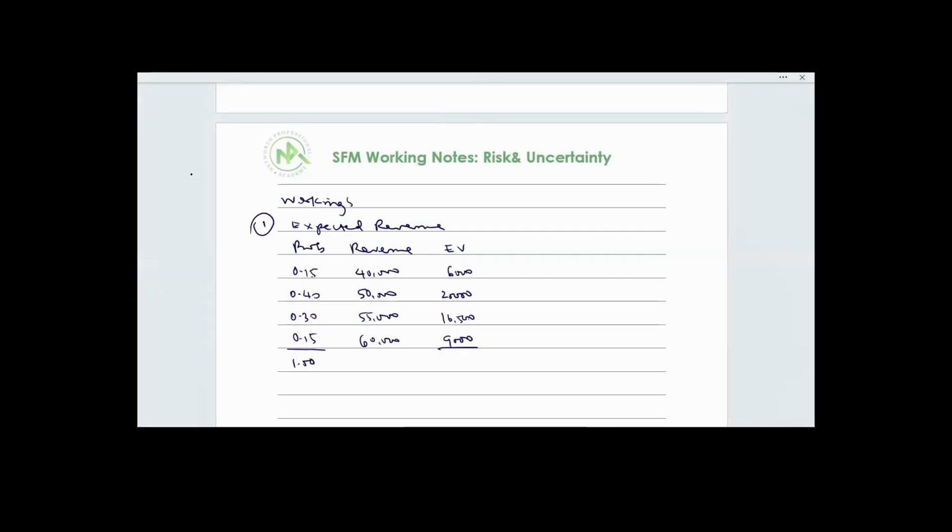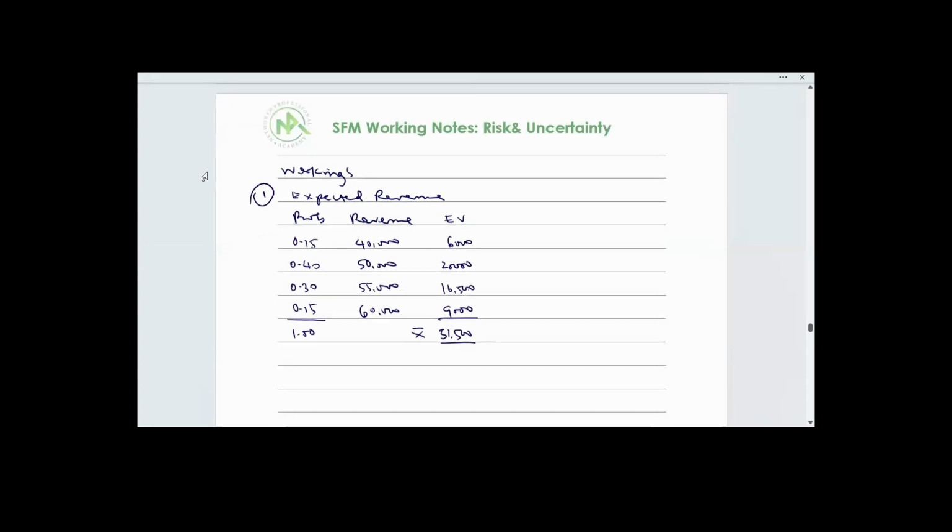I need to add up. This is my expected value. Therefore, 6,000 plus 20,000 plus 16,500 plus 9,000 gives 51,500. 51,500 is the expected revenue.